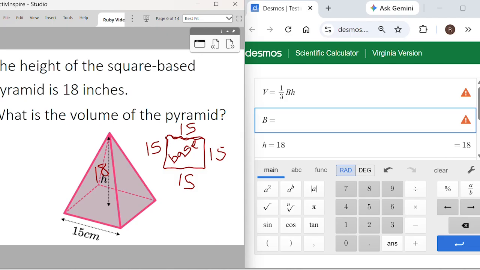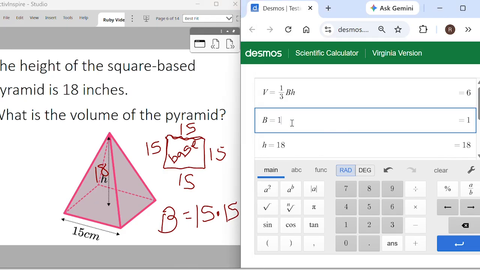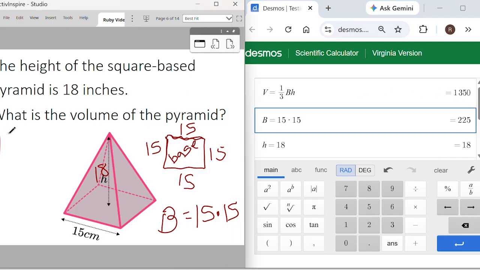So how do I find big B? Well, you do side times side. So I'm going to do 15 times 15 because that finds me the area of the base. So that means the volume of our pyramid is 1,350, and that would be inches cubed because it is volume.